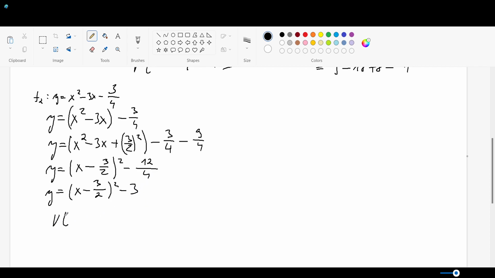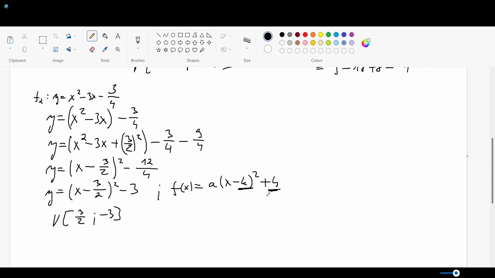So the vertex coordinates are now 3 over 2, and the second one is going to be negative 3, because the vertex form of the quadratic function says it is something like x minus k squared plus h, and this is the first coordinate and this is the second coordinate, or if you want, the x and y coordinates.